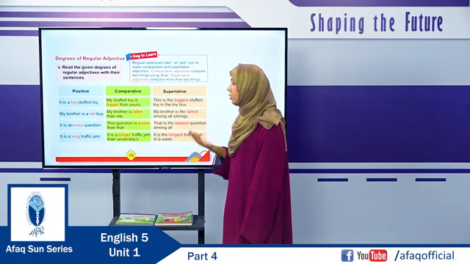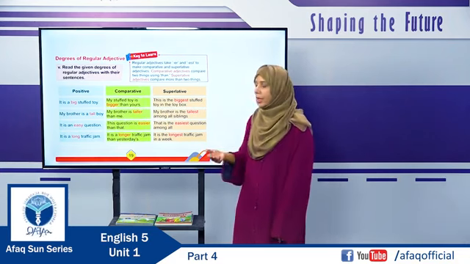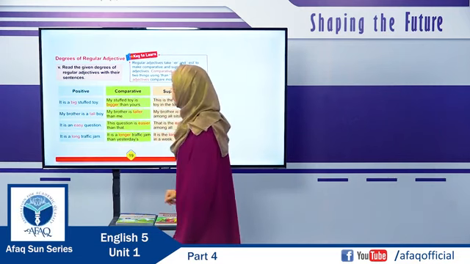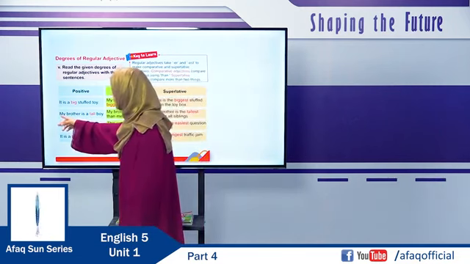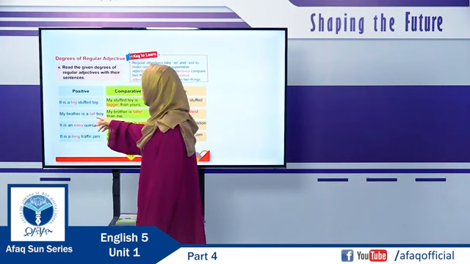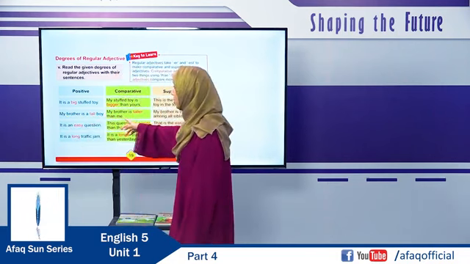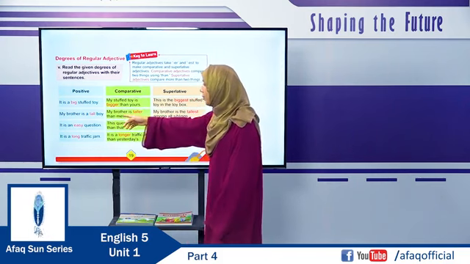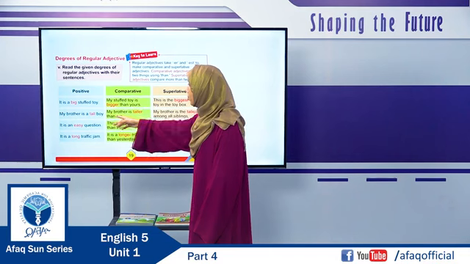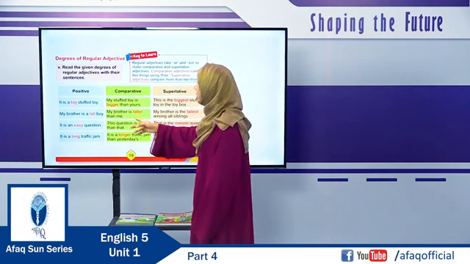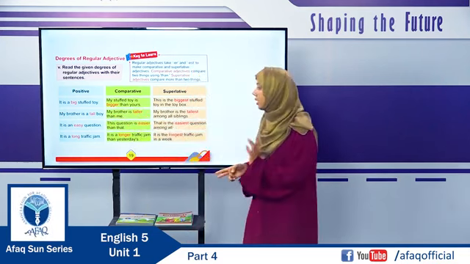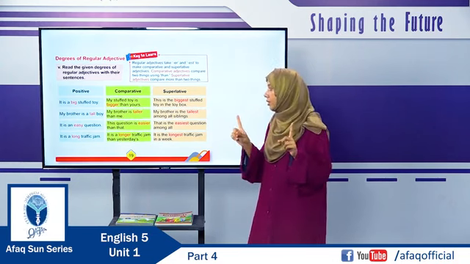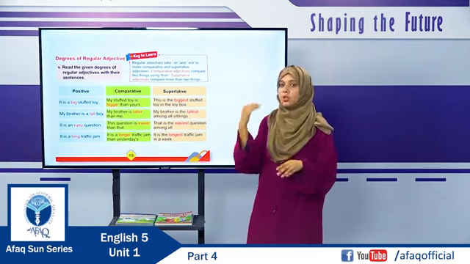Now let's look at 3 more regular adjectives and how they form their comparative and superlative forms. So the sentence is, my brother is a tall boy. Tall is a regular adjective, and the comparative form is my brother is taller than me. So the comparison is between the narrator and the brother. So his brother is taller than him.